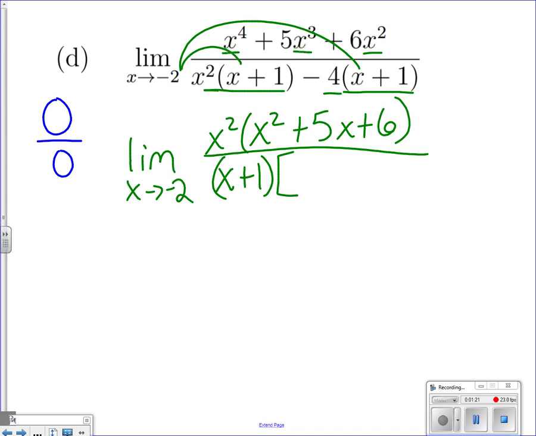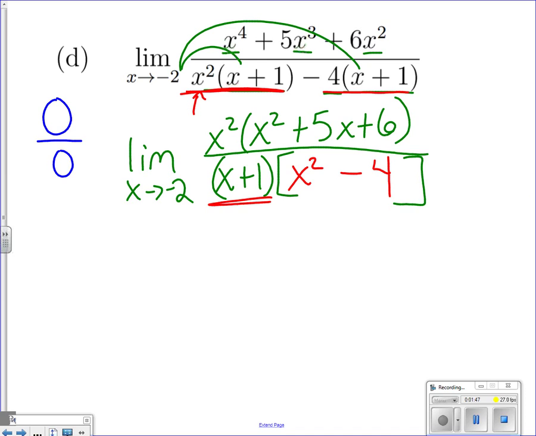When you factor that x plus 1 out of this first term, the only thing you'd be left with is that x squared piece. Also, when you factor x plus 1 out of the second term, you're just left with that minus 4. And so this is known as factor by grouping. You've literally pulled this x plus 1 out of both elements.